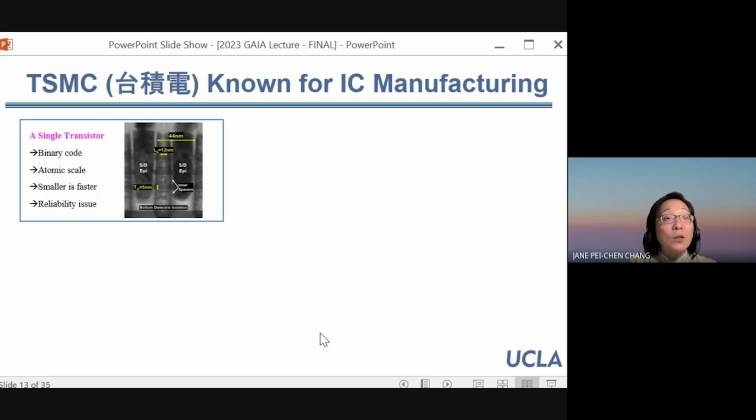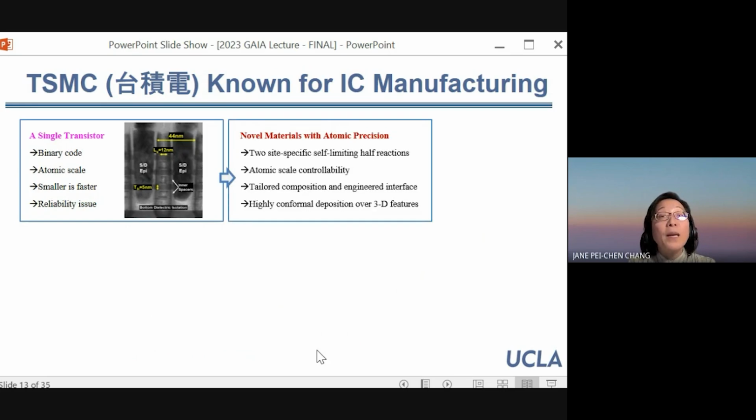If we're making a single transistor to operate that binary code, today we want the device to be at atomic scale. We want to make them smaller because they're usually faster, and we have to address some of the reliability issues. To make them better, we need novel materials, and we need to be able to place them precisely where we want them. Making one transistor is challenging to perfect it.